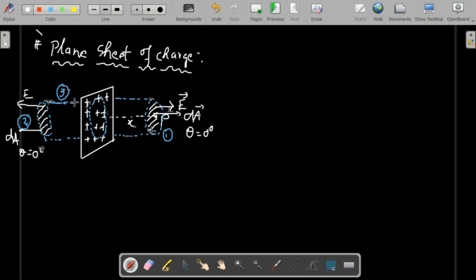But in this case, the area is in this direction, sorry, but E is at 90 degrees. So theta for this surface is 90 degrees. Now we can use the same logic. We have to find out the electric field at a distance x, so E at distance x from plane sheet.